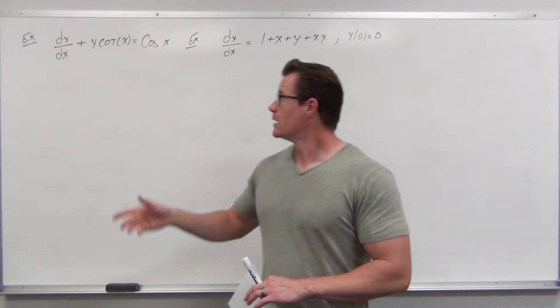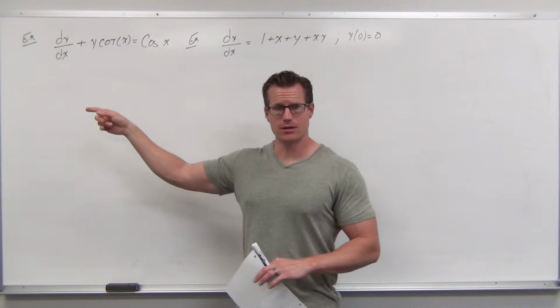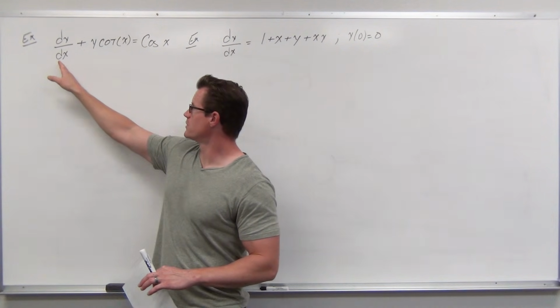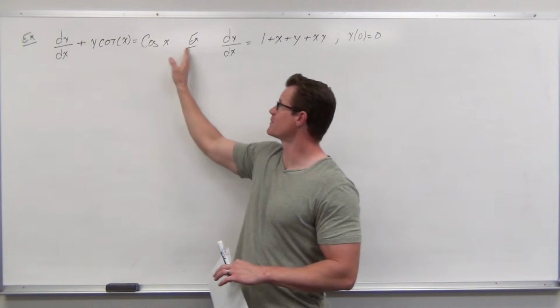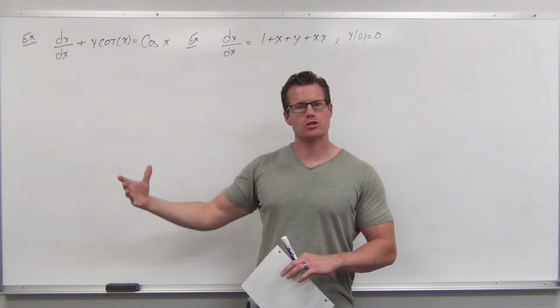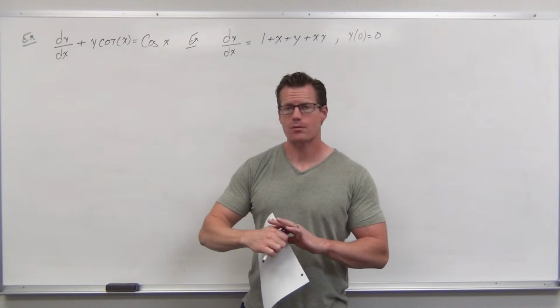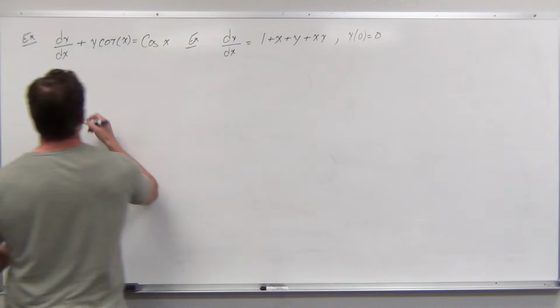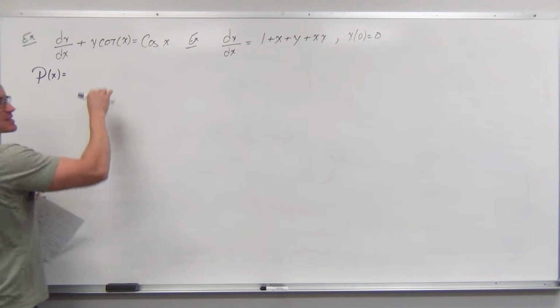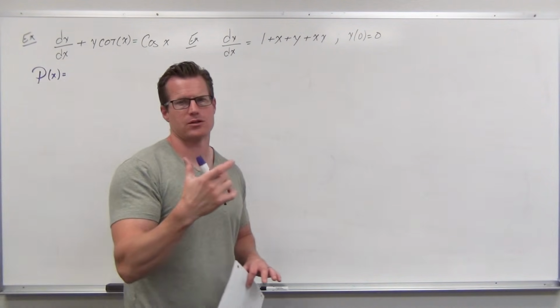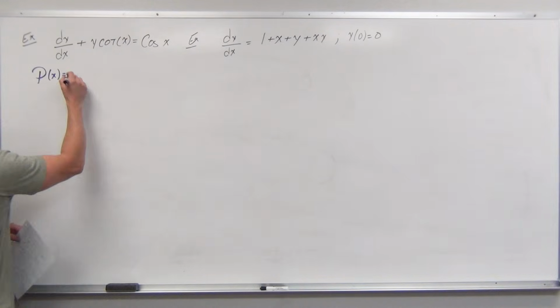You're still learning it. So together, yeah, that's linear. That's first order, derivative of y plus some function of x times y to the first power equals something that doesn't have y's in it. That's what we're talking about. Now that we have it in proper form, we find p of x. Well, p of x is the factor that's attached to y. That's cotangent.